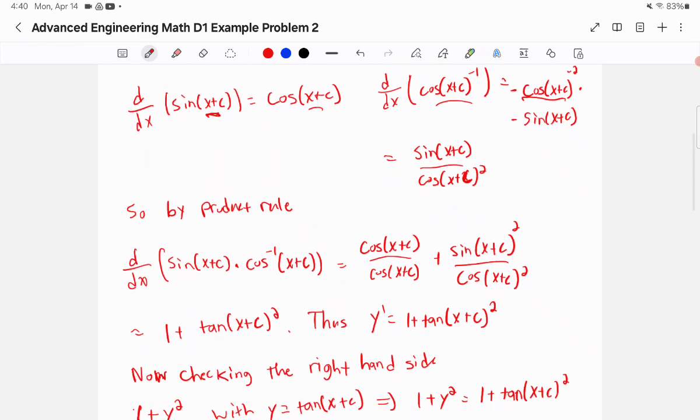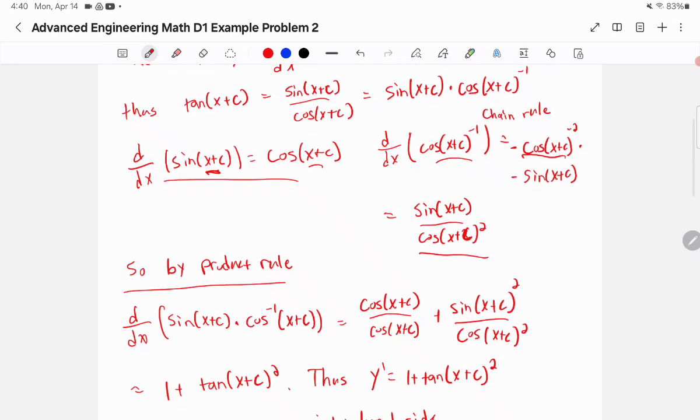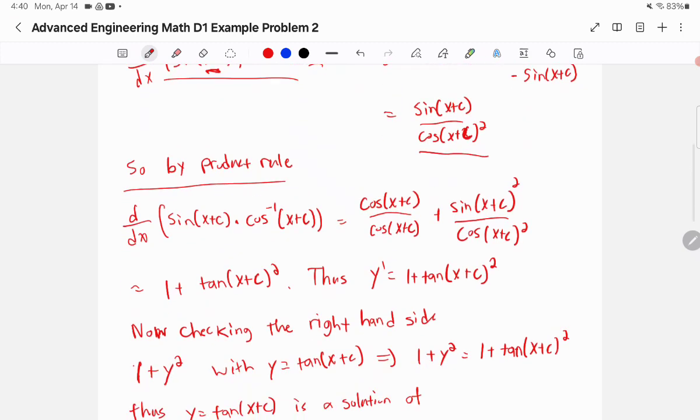So now we can use the product rule, because we found the derivative of the first part and we found the derivative of the second part of this multiplication of functions here. And obviously from the product rule, we take the 1 over cosine, basically cosine to the minus 1, times the derivative of the first part, which was cosine, so that obviously just becomes 1.